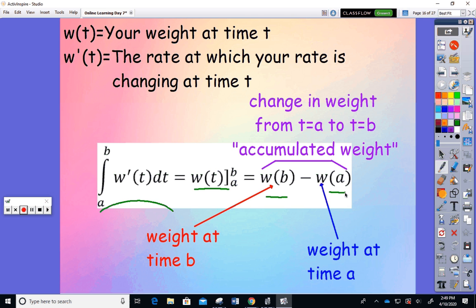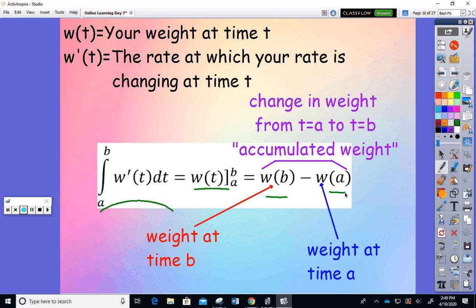W of B means your weight at time B. W of A means your weight at time A. So if you subtract, you're getting a difference in your weights from time A to time B.